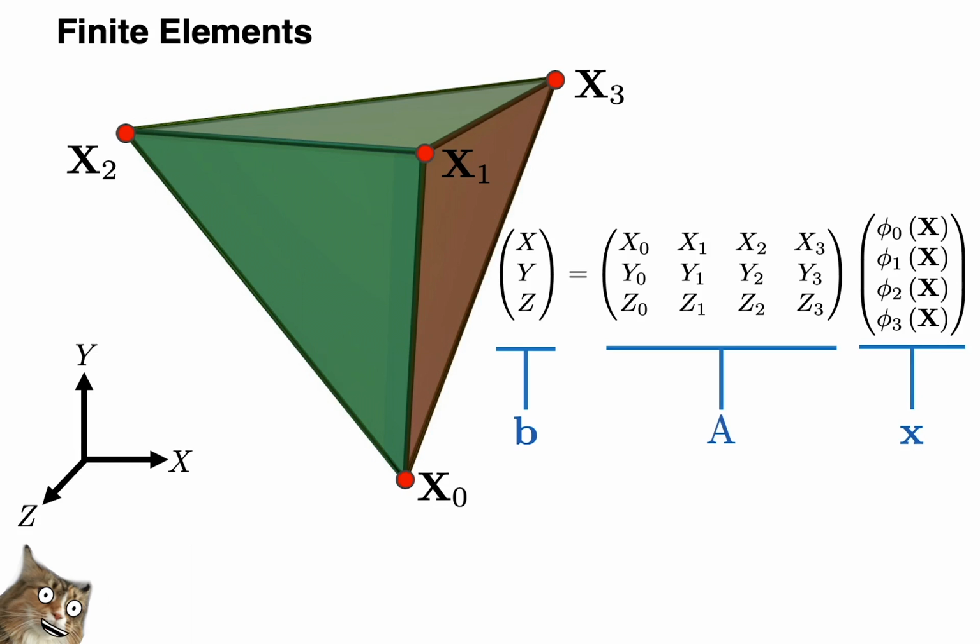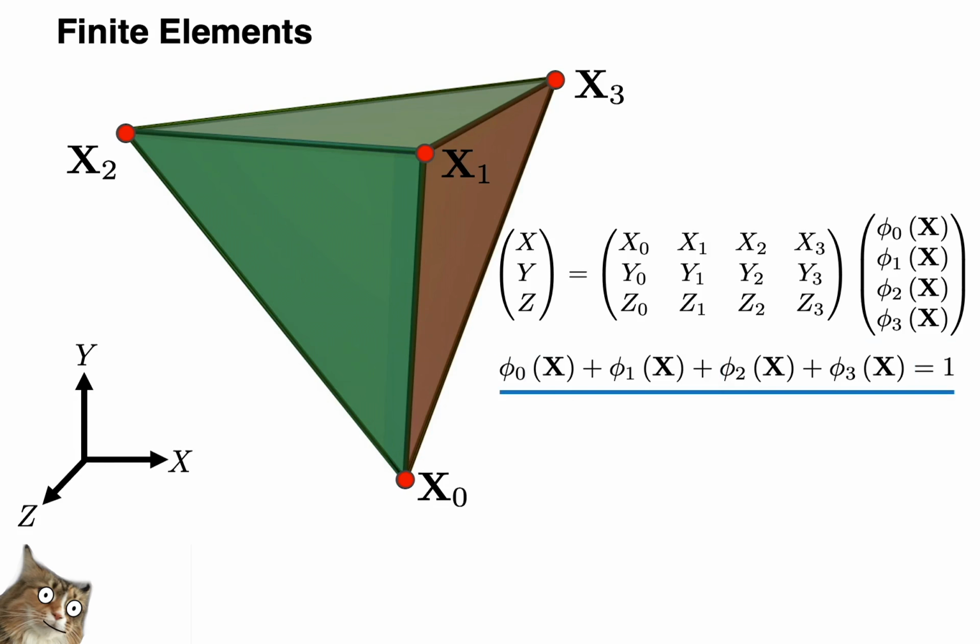It becomes immediately clear that there is a problem. We have 4 unknowns, but only 3 equations. We can fix this by adding one more equation. Let's add a constraint that at any point in the tetrahedron, our shape functions need to sum to 1. Now we have 4 unknowns and 4 equations, so let's try to solve this thing.